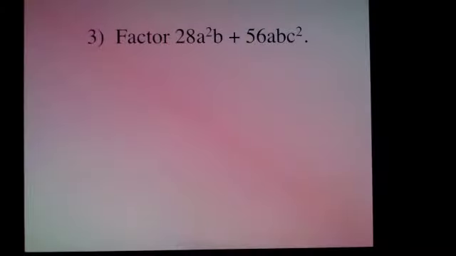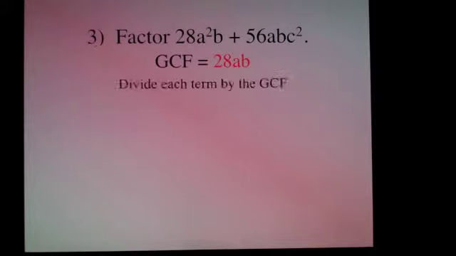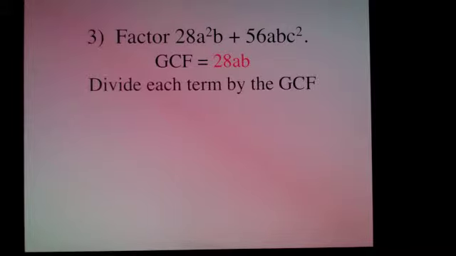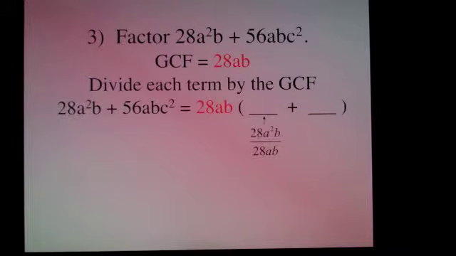Now this time we're going to factor 28a squared b plus 56abc squared. The greatest common factor is 28ab. And then we're going to divide each term by the GCF. So when we divide 28a squared b by 28ab, we're left with a.